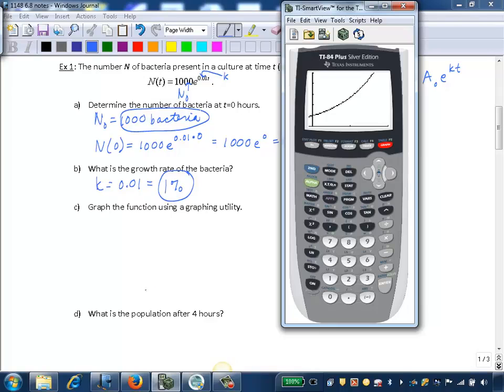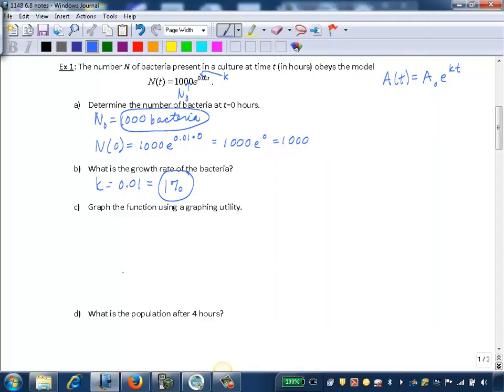So let's make a little sketch in our notes here. So we've got that increasing ramp shape, and we've got that y-intercept of 0, 1,000. So this is our n, and this is our t.